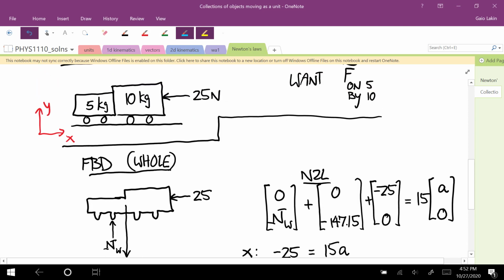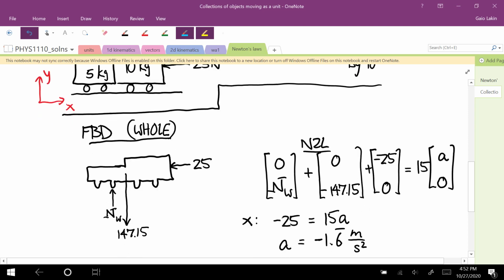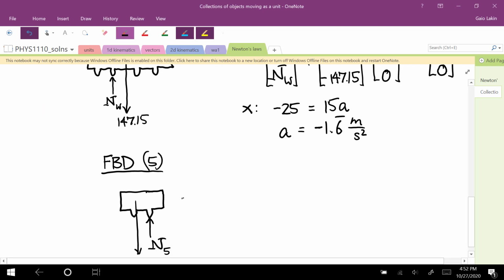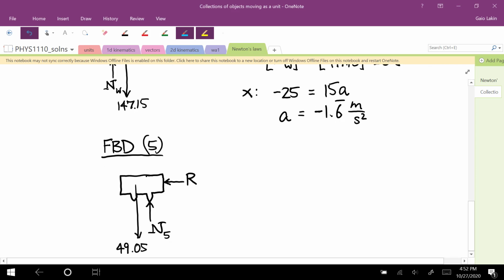And what else? Well, there's no 25 Newton force because that's acting on the 10 kilogram cart. So the only other force is the pushing force from the 10 kilogram cart, and that's this way because it's a pushing force. I'll call it R. You could call it N2 or something if you want, but it doesn't matter. It's just a variable name.